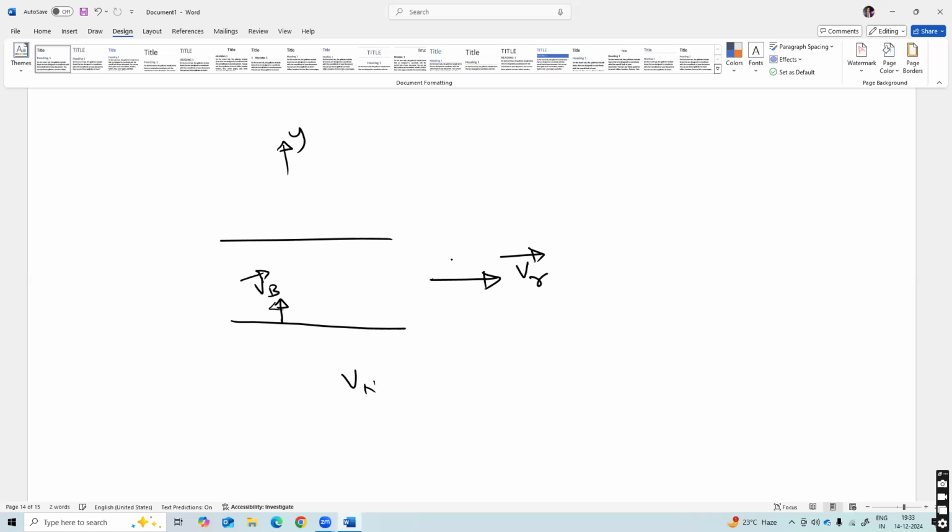The net velocity of the boat in the x direction will be, since VB is 0 in this case, equal to the velocity of the river.